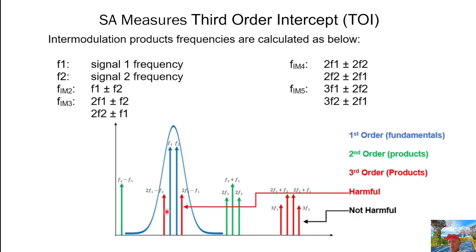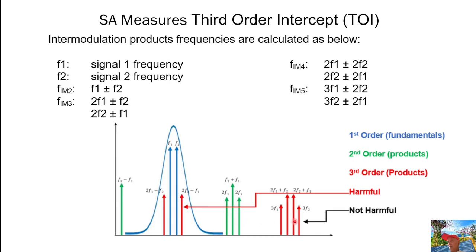So there are the products 2F1 minus F2 and 2F2 minus F1. These two all fall in the passband of the filter, so it's harmful because you cannot filter these out. But for others, this second order F2 minus F1 or F1 plus F2, all these are out of the filter, so can be filtered out.